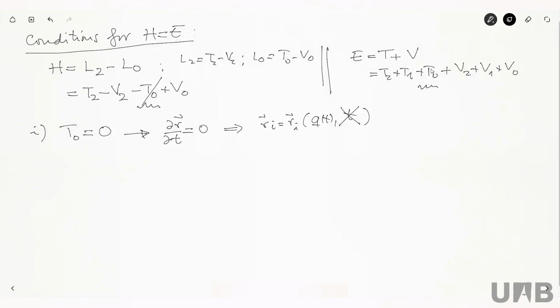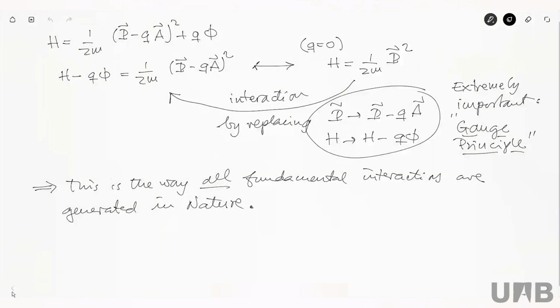Okay, fine. T0 is not there. But we still have to satisfy more conditions, right? Because here there is no T1, and here there is a T1 and a V1. So T1 plus V1 also has to be 0, so that this T1 plus V1, which is not there, can make these two things agree, right? Now, once r does not depend on time, T1 is also 0. Because T1, you go back, 3 slides as we did. Well, let's do it. Let's go back 3 slides.